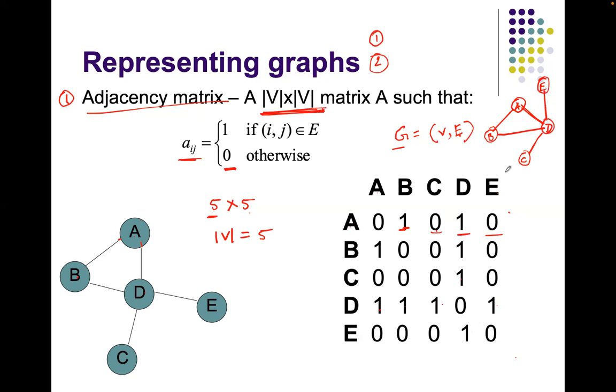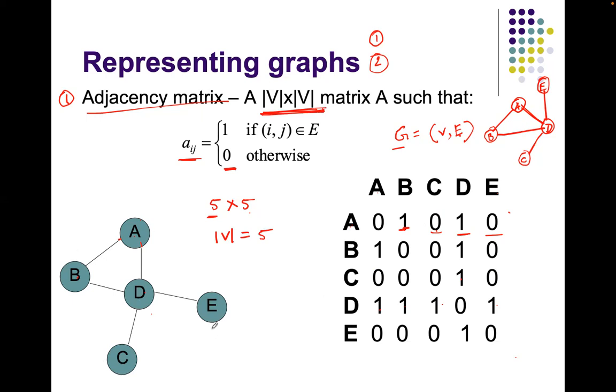So this is actually the graph, and if you look at it, this is the same graph. We have a cycle here, A, B, D, and D is connected with C and E. So this matrix has all the information about this graph.